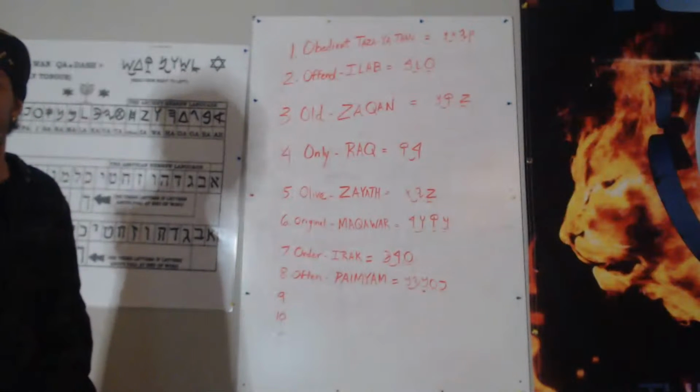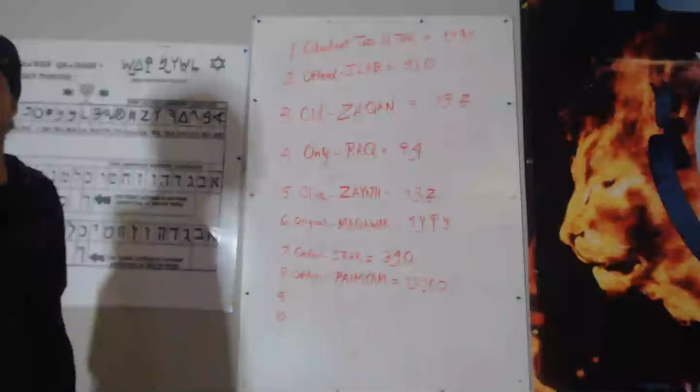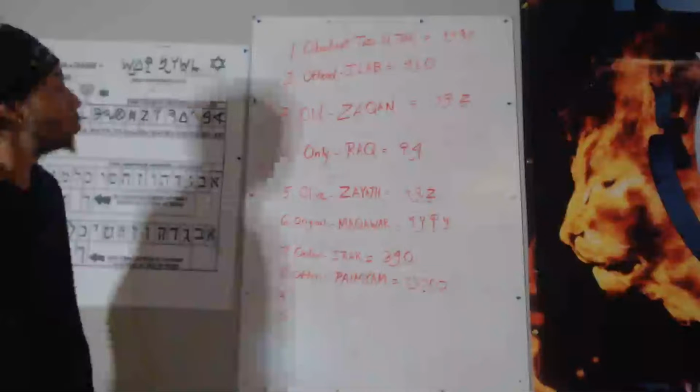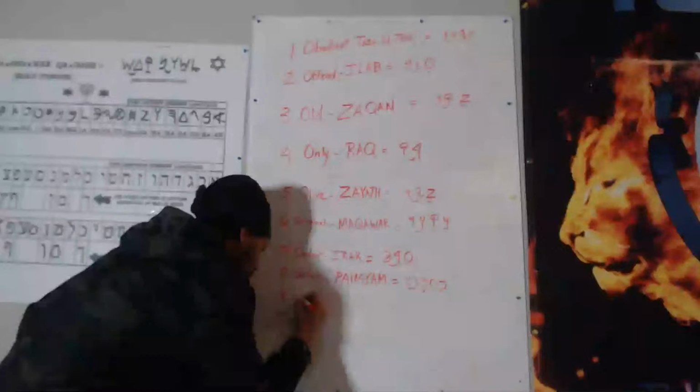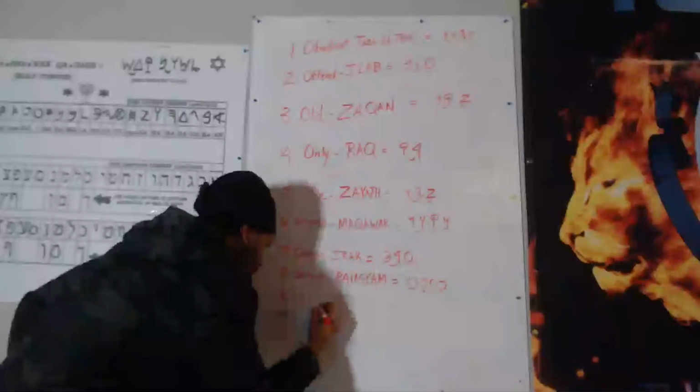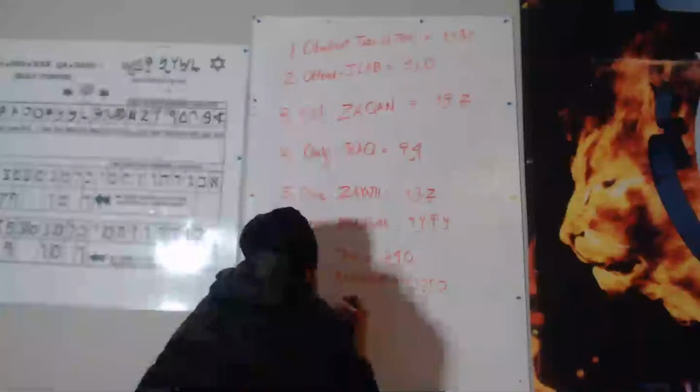Obedient. Oil. O-I-L. Okay, that's fine. So we got olive over there. All right. So when it's oil, shaman.